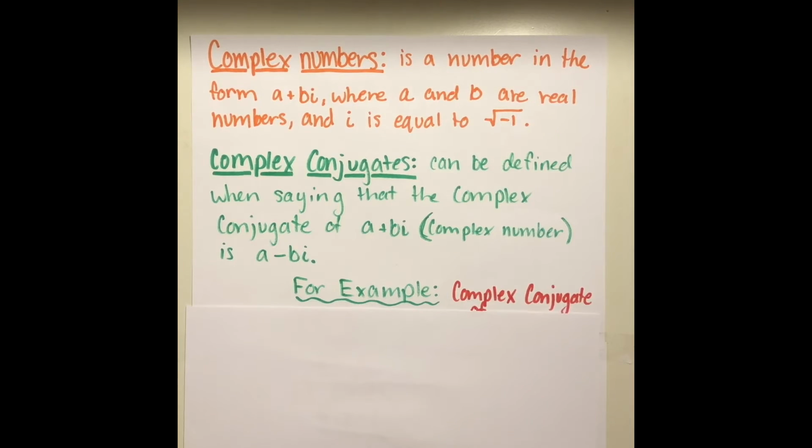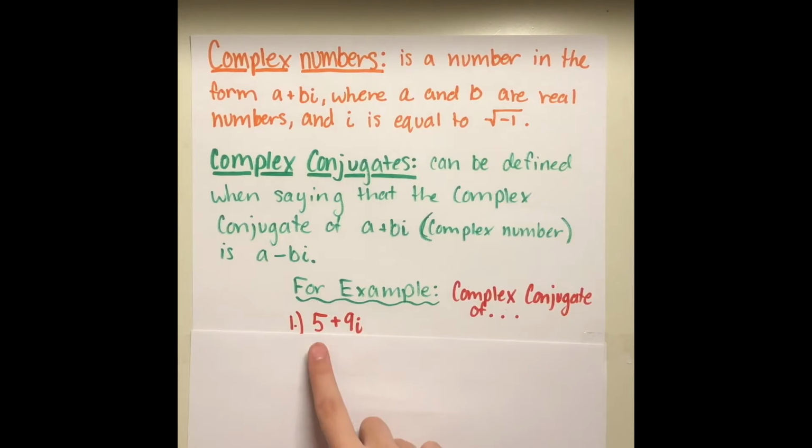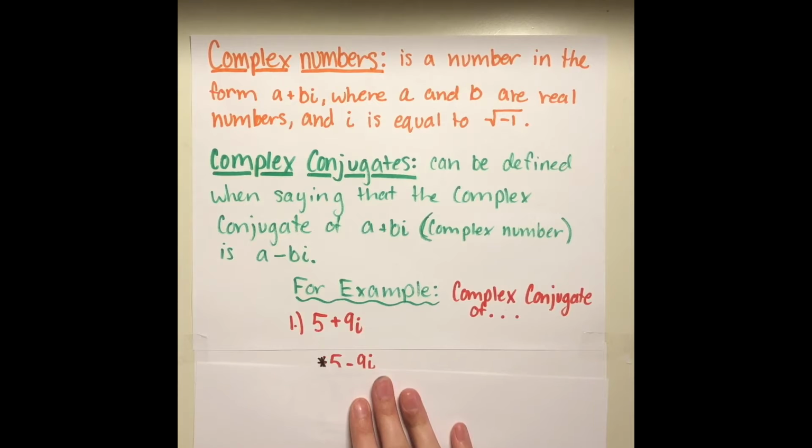Just for some further knowledge, here are a couple of examples. If I have 5 plus 9i, which is in the form a plus bi, so this is our complex number, our complex conjugate would be 5 minus 9i.